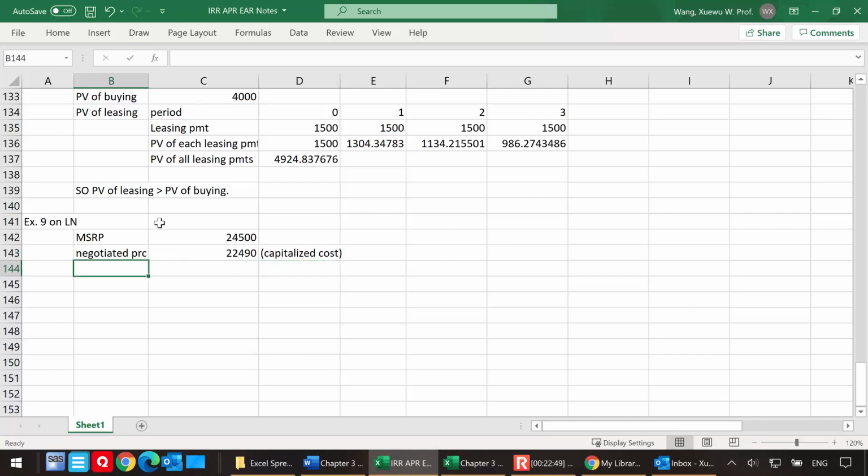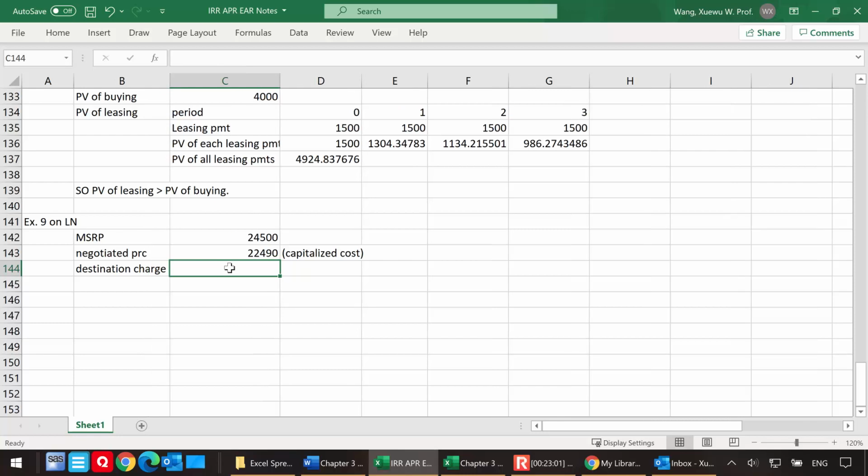That's the term people use, and the dealer says, I have to charge you a destination charge. The destination charge is effectively this: you live in Connecticut and the factory is, let's say, in South Carolina. It's a brand new car, so they have to ship the car from South Carolina to Connecticut and you pay for the shipping.